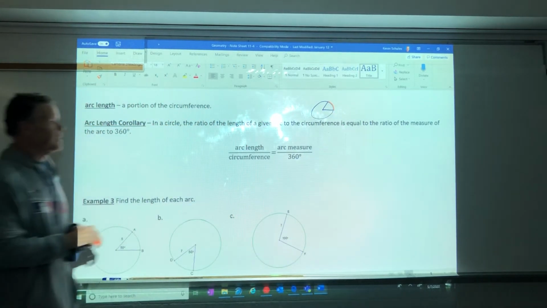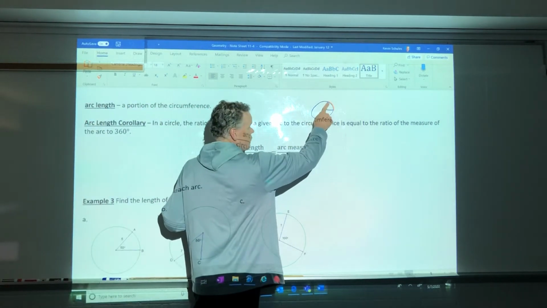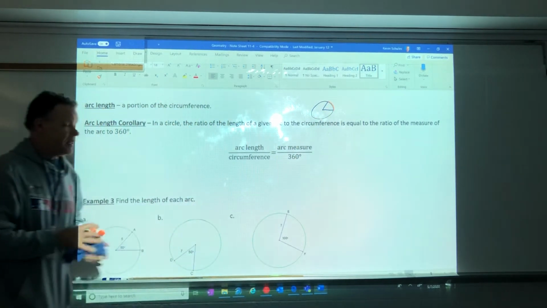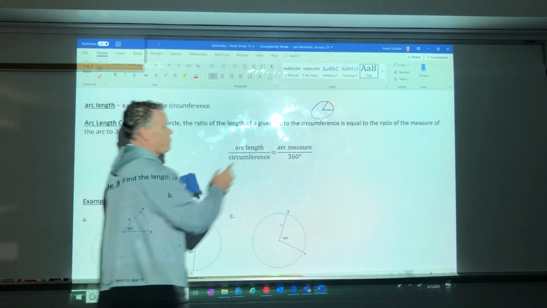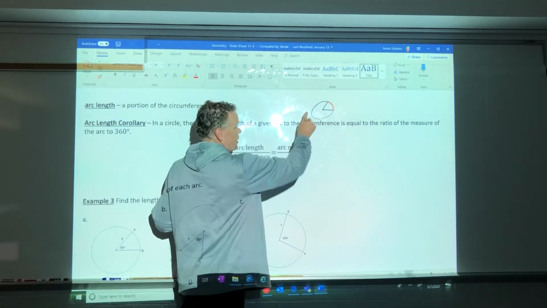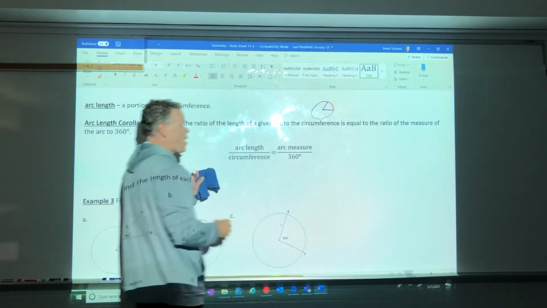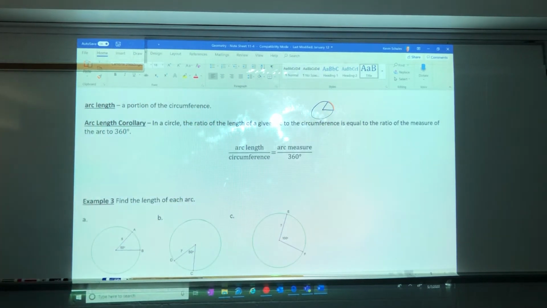You would have an arc length that would go from here to here. And that's what we're going to find in this section. The arc length, again, is just a portion of the whole circumference. It's a part of it, almost a fractional part.